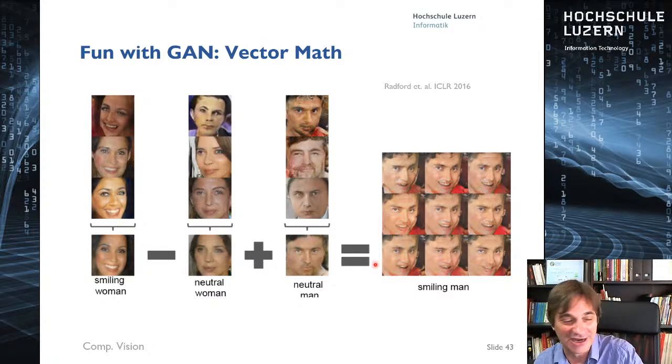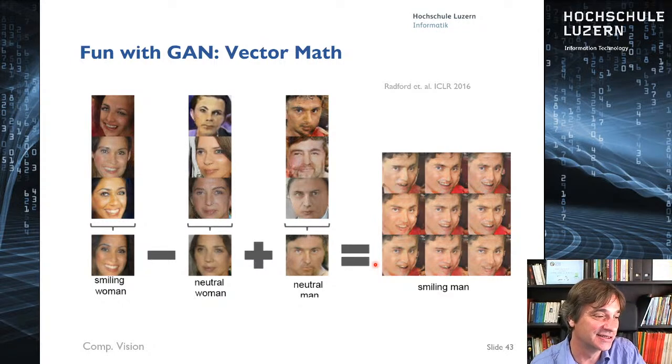Okay, you can do some kind of vector math with it. So smiling woman minus neutral woman means it's just a smile left. So you will have discovered the dimensionality of where your smile is in your latent space. If you add a man, you actually get a smiling man.